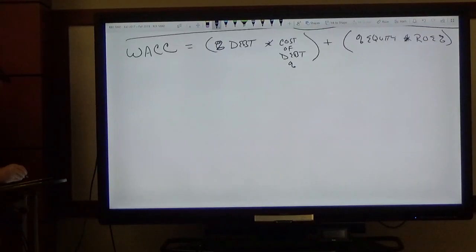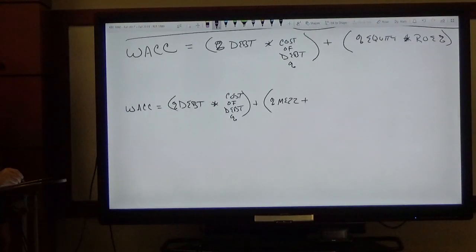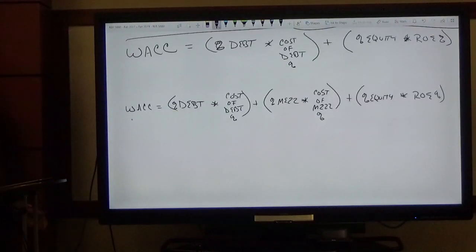Now, if we add in, okay, we've got our percent debt times our cost of debt as a percent, and we add in a middle piece of percent mezz financing times the cost of mezz, plus percent equity times return on equity, then that would be our weighted average cost of capital, basically just adding in the mezz financing.